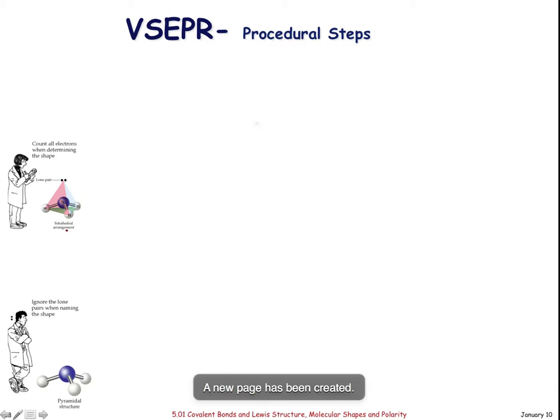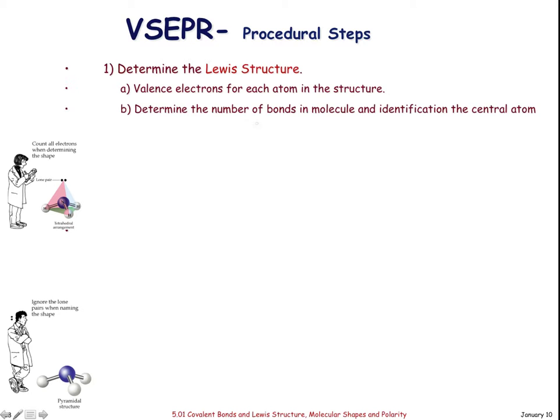So how do we determine the shape of a chemical based on its Lewis structure? What we need to do is pay attention to the central atom because it's the geometry around the central atom that will dictate the shape. So first we use the Lewis structure. You need to know how to write a Lewis structure if you want to get to this part.